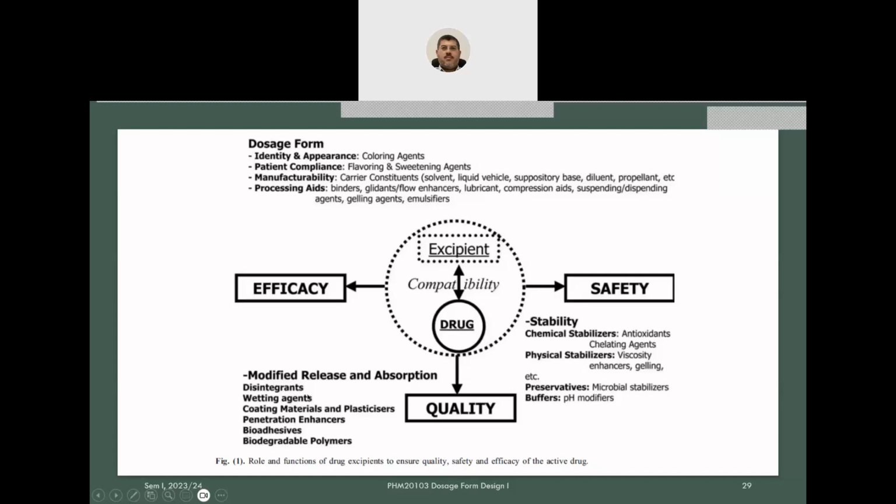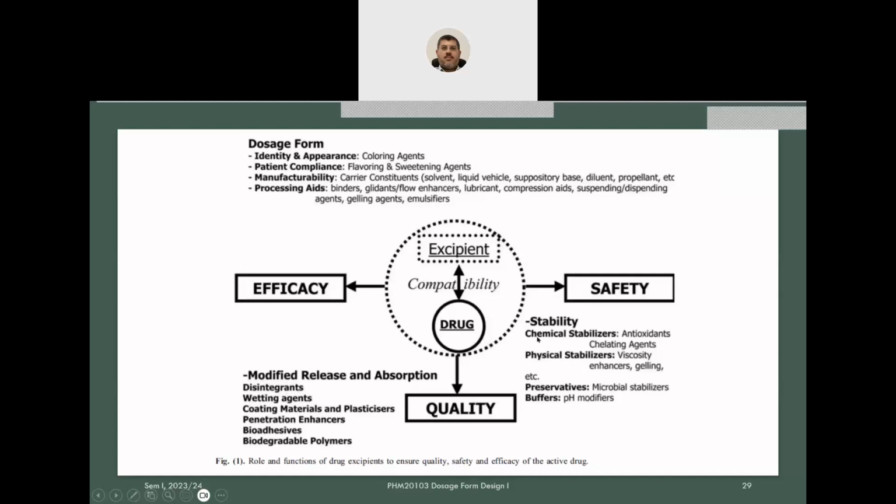Disintegrants, wetting agents. Disintegrants will ease the disintegration of the tablet, so it will produce rapid effect. How about if there is malfunction of disintegrants? Then the tablet will not disintegrate quickly, the drug will not dissolve quickly, and it will take longer time for the drug to be absorbed and to produce effect.